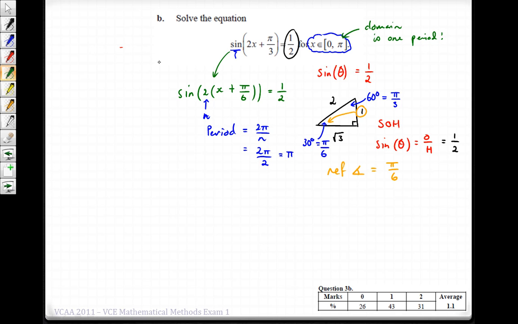So with that in mind, what we've now got is from 0 to pi is 1 period. And then we've been translated plus pi on 6, which means we go back just a little bit.